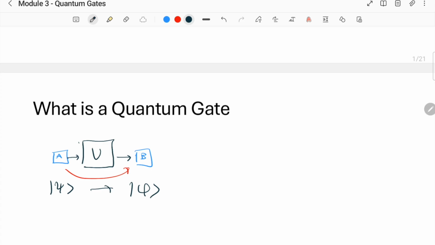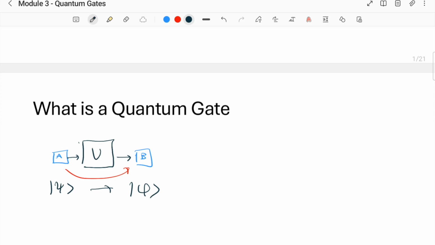A quantum gate does what a classical gate does, but to qubits. But there must be some difference between a quantum gate and a classical gate. They should not be the same, or maybe they are. We'll see. Now, a reason to think why they might be different is because they are operating on a different system.